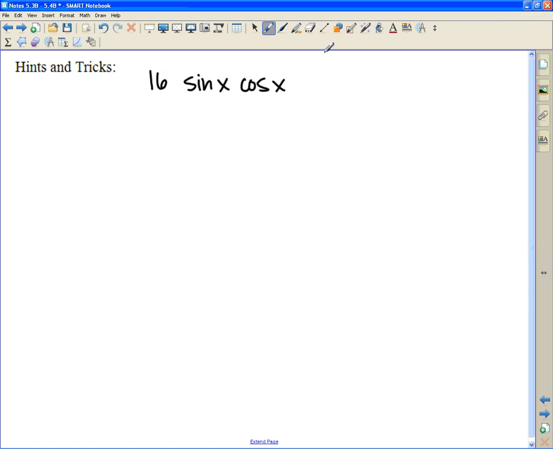But what should jump out at you in this problem is sine of x cosine of x. You should get to a point where you can recognize that that looks like double angle. Double angle for sine, this looks very similar to what this is.